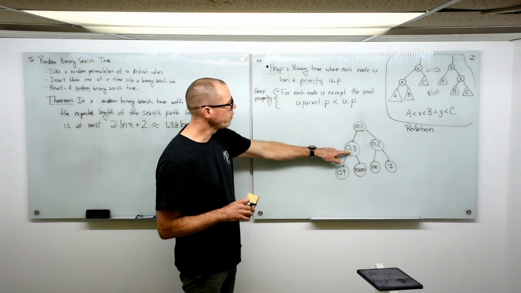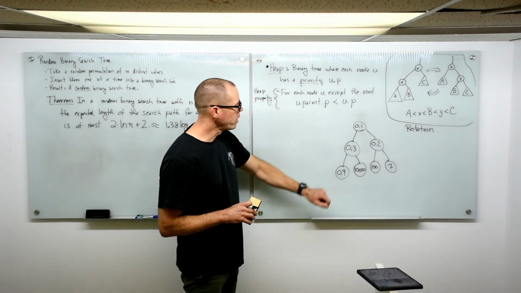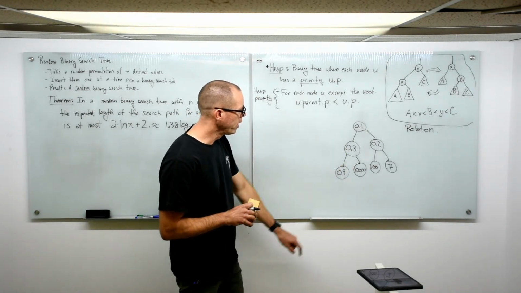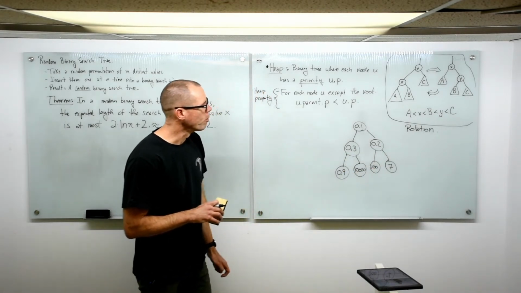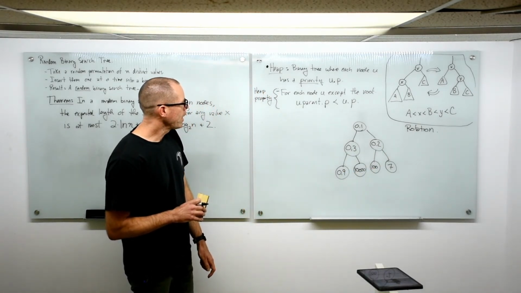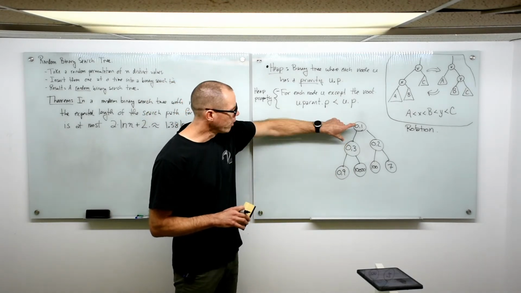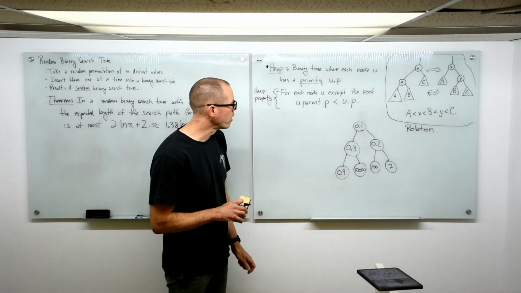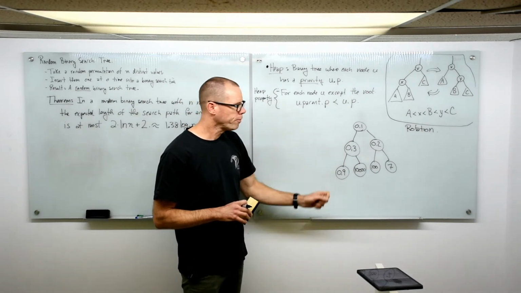So 0.3 is larger than 0.1. 10,000 is larger than 0.3. 0.9 is larger than 0.3. 100 is larger than 0.2, and 7 is larger than 0.2. We've just checked that this is indeed a heap because we looked at each edge to see if it had that heap property, which is all you need to check, and indeed it does. So this is a heap.